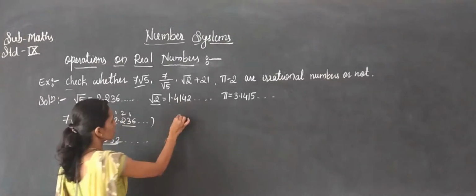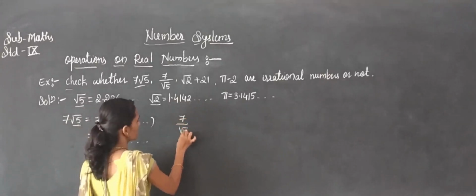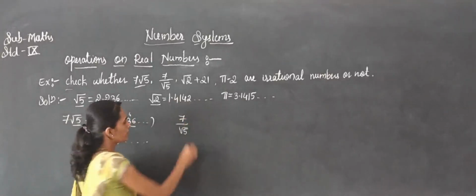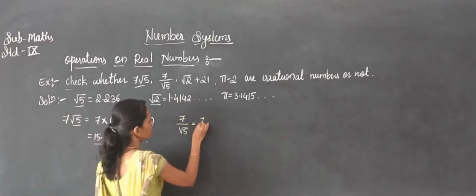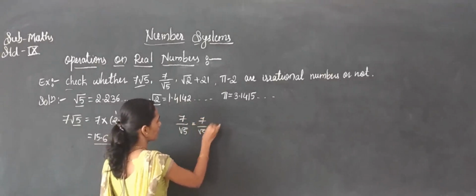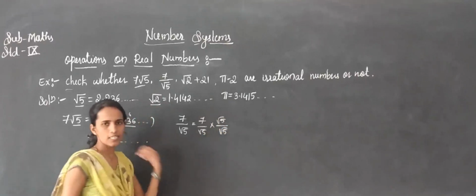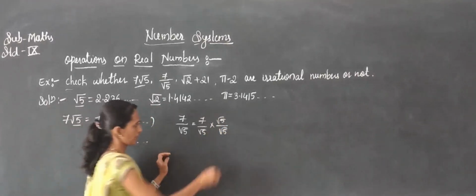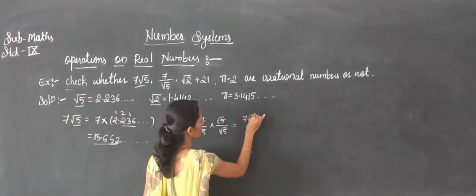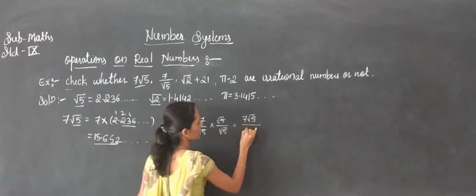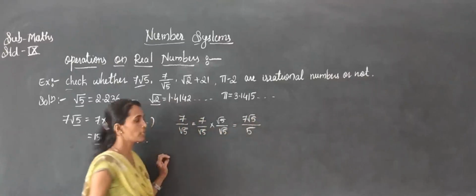The next one is 7 by root 5. First we have to rationalize this: 7 by root 5 into root 5 by root 5. Since the irrational number is in the denominator, first we have to remove it. That gives 7 root 5 by root 5 into root 5, which is 5. So 7 root 5 we already found, that is 15.652, and so on.